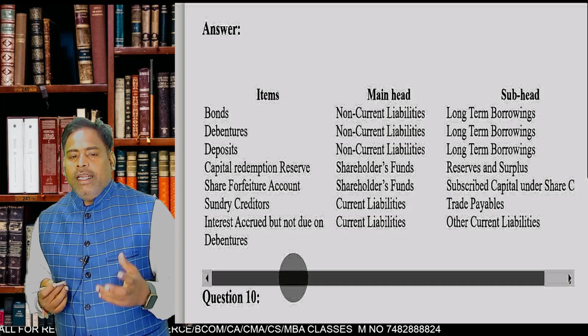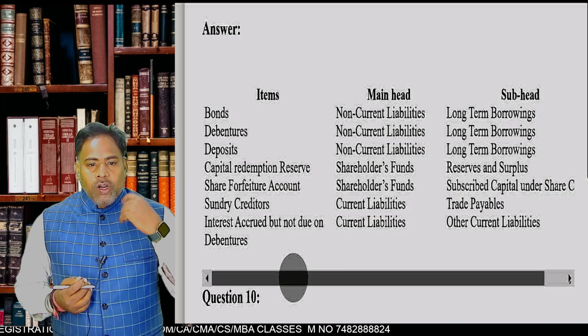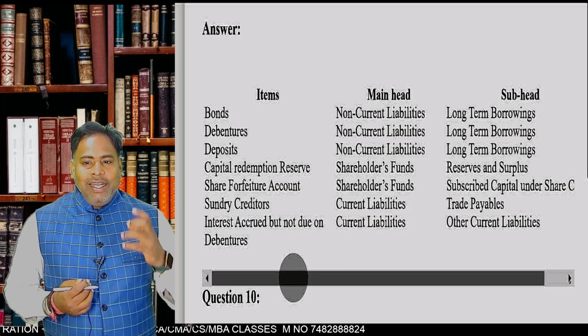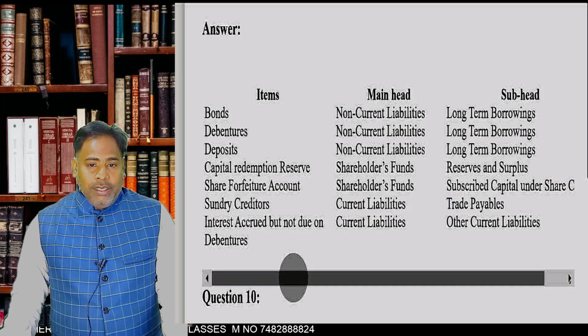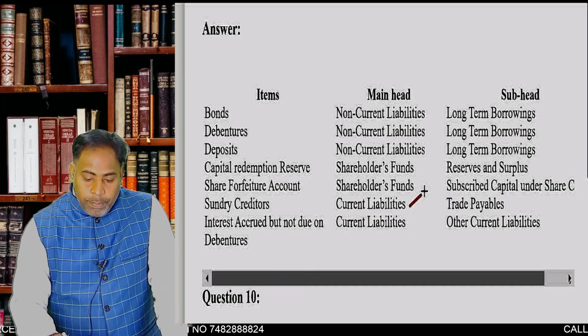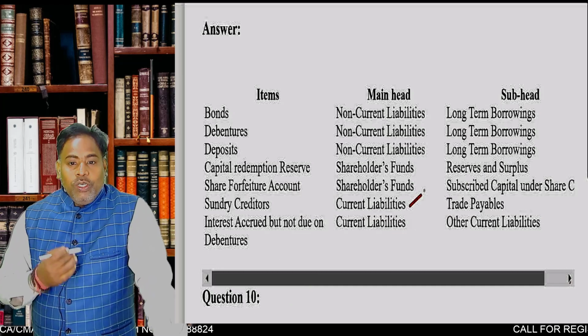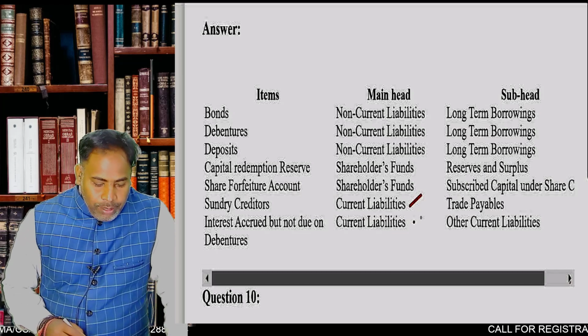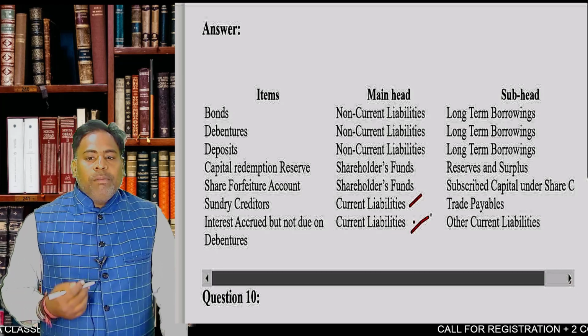But sundry creditor is the person not directly linked with the business, though sometimes directly linked. Sundry creditor is a current liability because you have purchased raw material from the person. They are the creditors. You need to pay them. That is a current liability. Interest accrued but not due means that in a bank borrowing you have done, the interest accrued you have not paid.